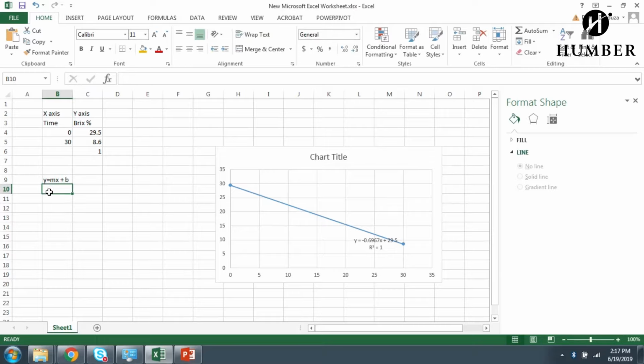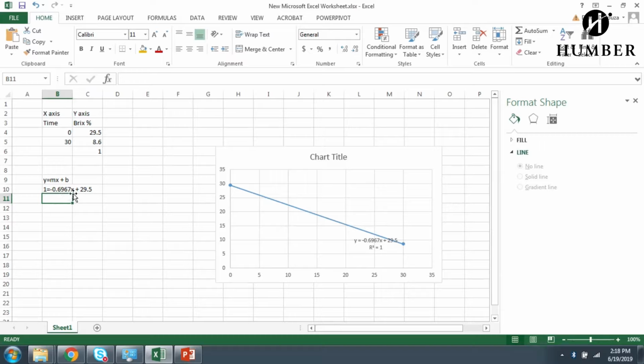In this case, y is 1, which is equal to minus 0.6967x plus 29.5. So it's the same as y equals mx plus b. I've just put it in an equation.